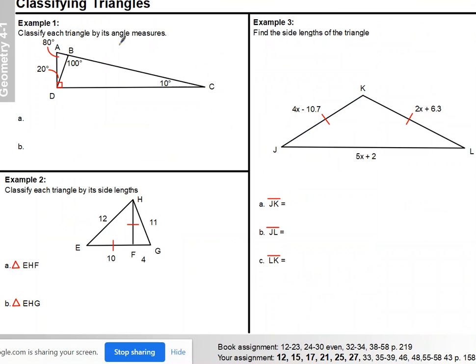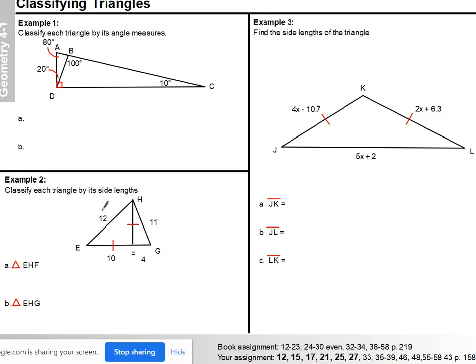So here's what we're going to try to do right now. I would like you to try these 3 examples. I want you to work as a partnership, and I want you to classify each triangle by its angle measurements. So we have triangle ABD, triangle BDC, and triangle ACD.